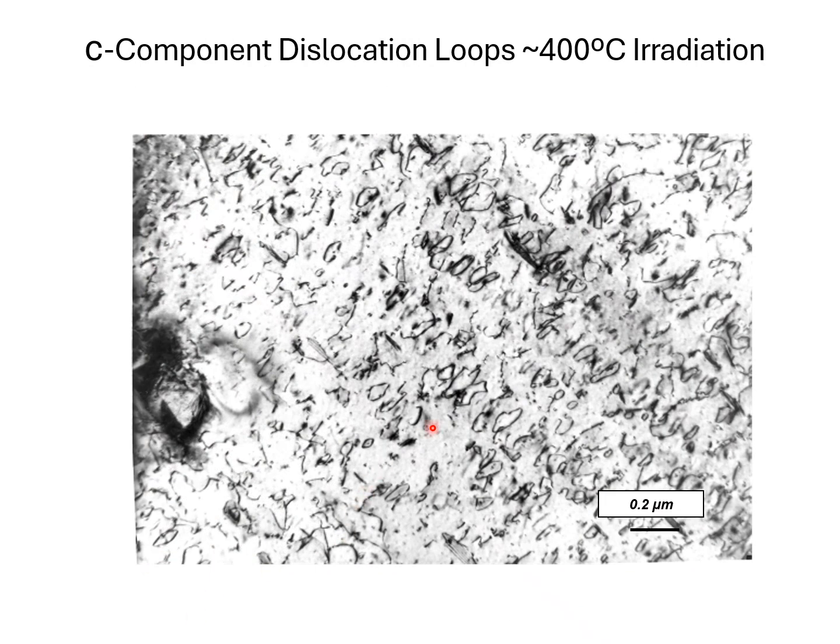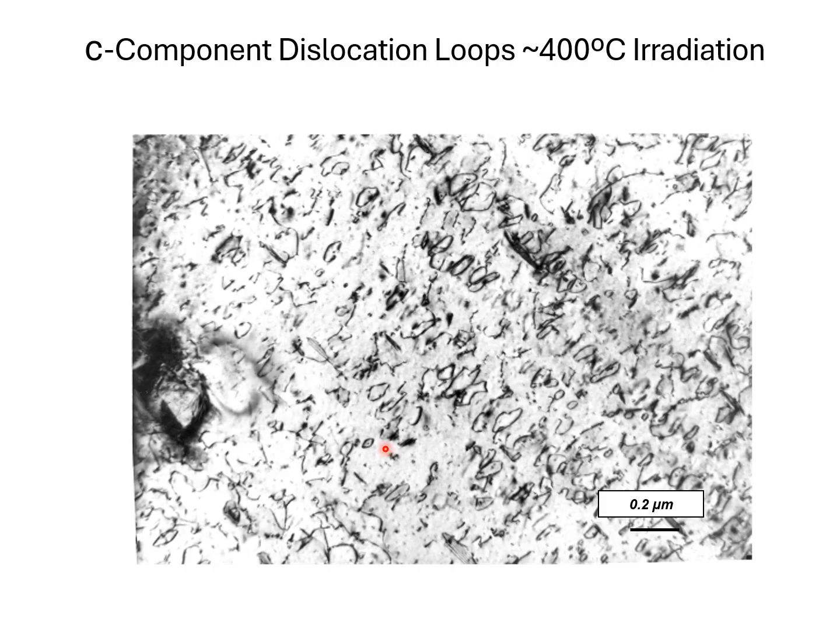I mentioned how there was quite a bit of debate about C component loops in the late 70s, early 80s. Some people believed that C component loops didn't exist in zirconium, and some believed that they did, and there were controversial round robins and stuff like that. This is a sample from one of those round robins, and I noticed this on the wall in the lab when I first joined.